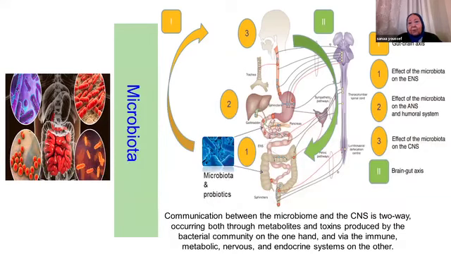Now, coming to the role of the diet with the brain, there is what we call the microbiota gut-brain axis. The microbiota have many axes. It has an axis to the brain, an axis to the lung, and an axis to the liver for obesity.